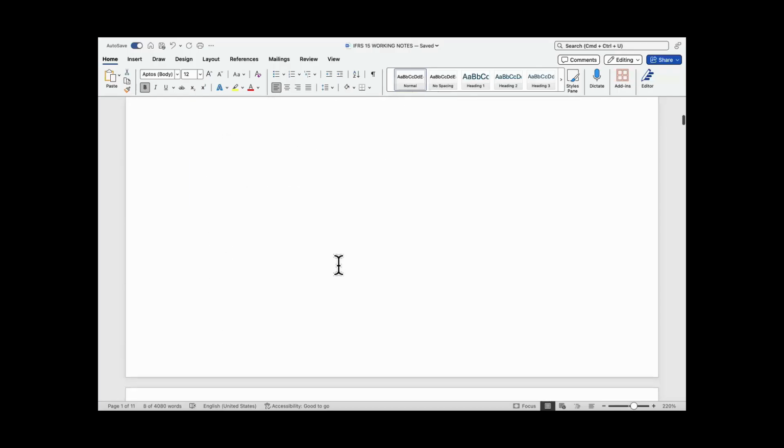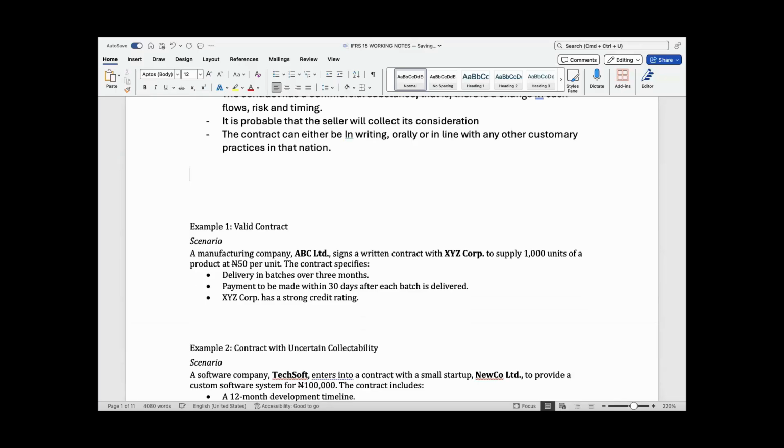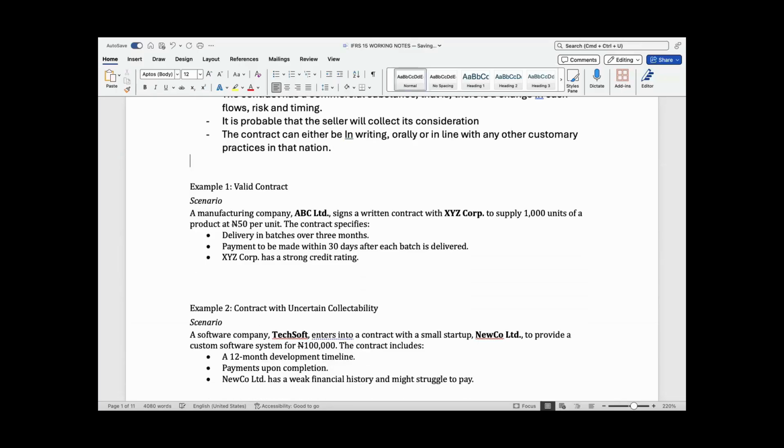Now, if you look at these contracts, they said a manufacturing company, ABC Limited, signs a written contract with XYZ Corp to supply 1,000 units of a product at 15 naira per unit.